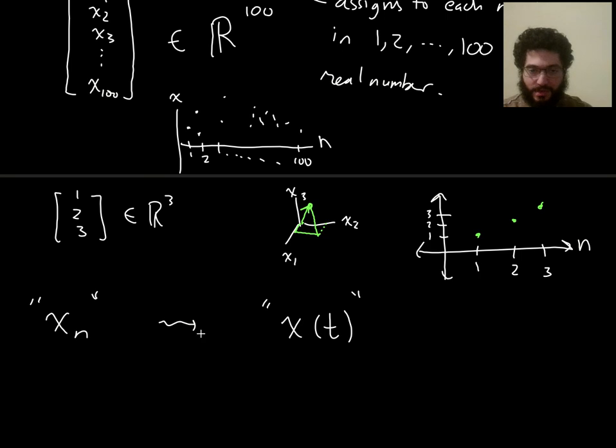And they're really similar. By convention, we choose to write this as a subscript and this as not a subscript. But you could write this as x of n, and you could write this as x sub t if you want to. So that's not too important. It's just that the thing it's a function of now doesn't need to be an integer. Now it can vary continuously.